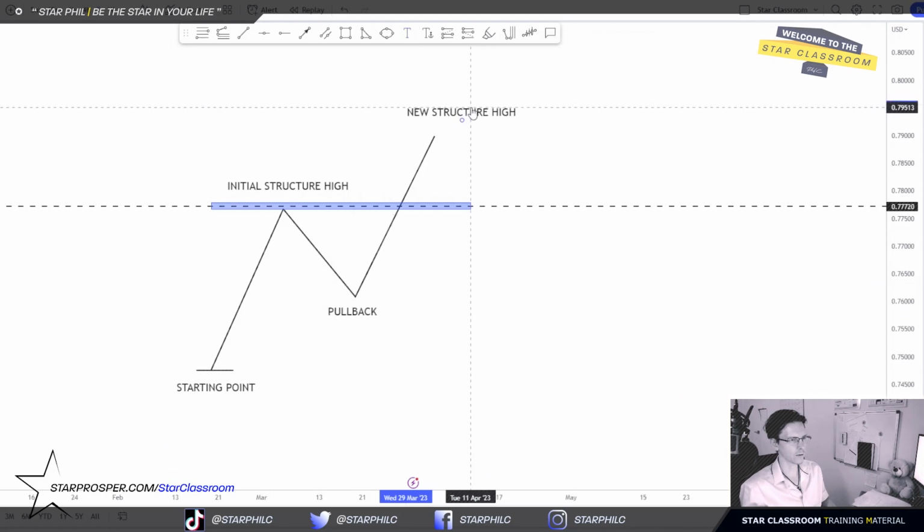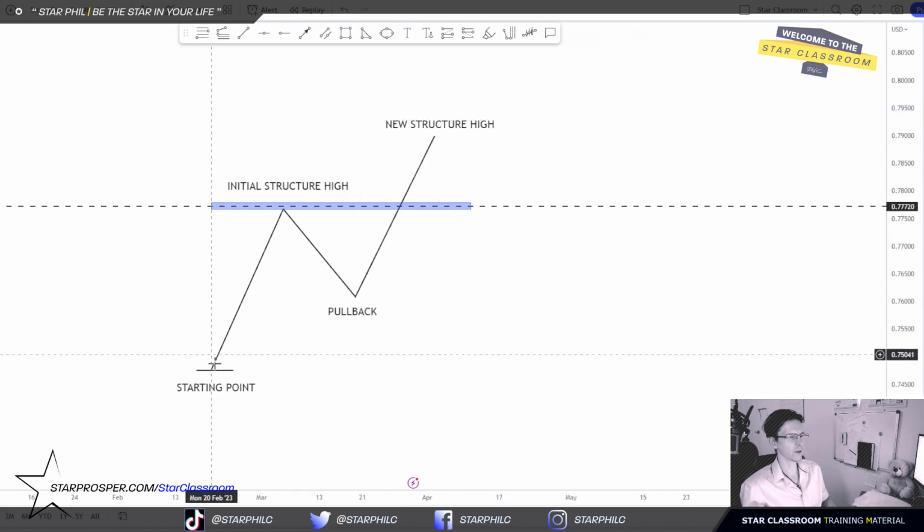So if you want to write this down, you have a starting point, price action moves up, giving us an initial structure high, price action then pulls back, and then we get another move towards the upside past this point right here, giving us a new structure high. So those are the labels. That's how we identify the moves.